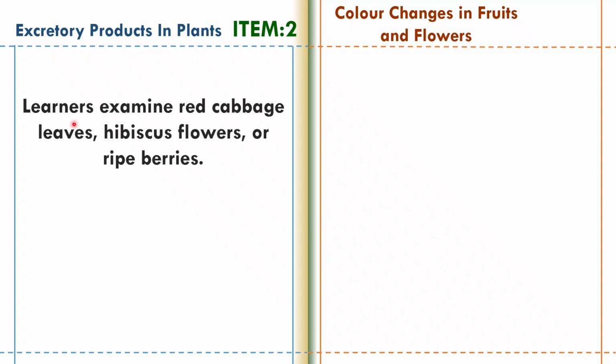Excretory products in plants. Item 2. Color changes in fruits and flowers. Learners examine red cabbage leaves, hibiscus flower, or ripe berries.